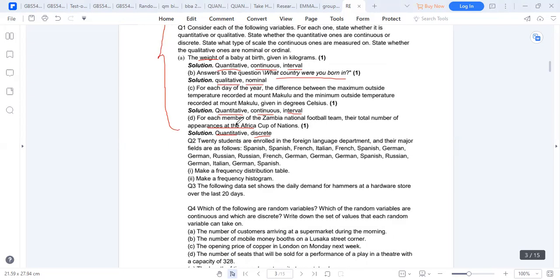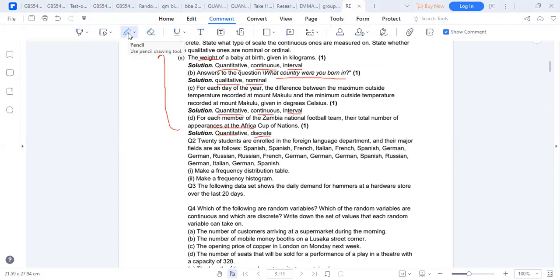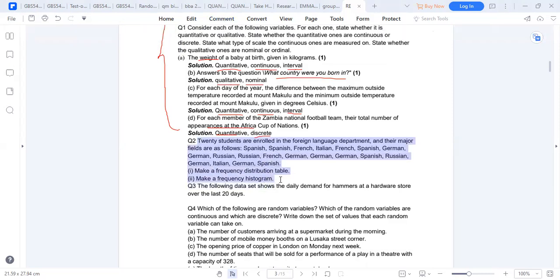Then we go into identifying what we call a frequency distribution polygon. So we are given information below. Let me take it to my clipboard so that we can relate to it very well. In this case, we want to know how to group data.